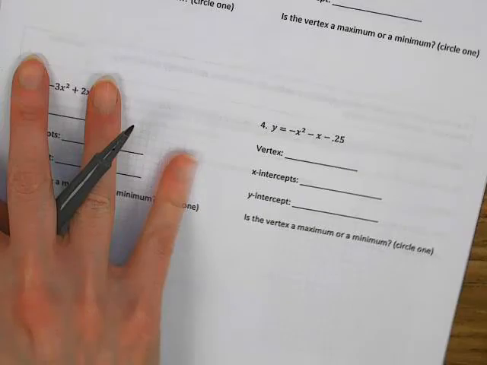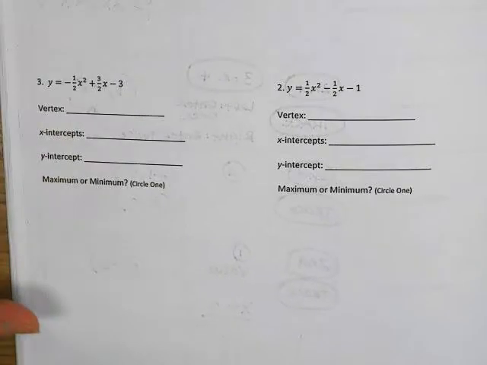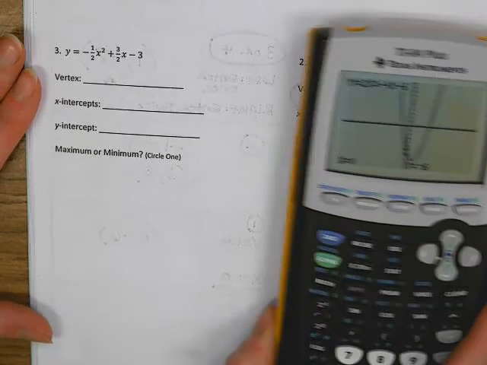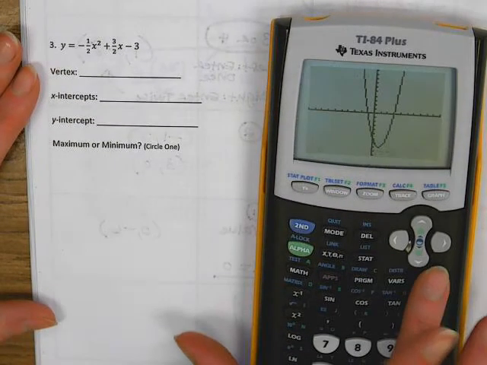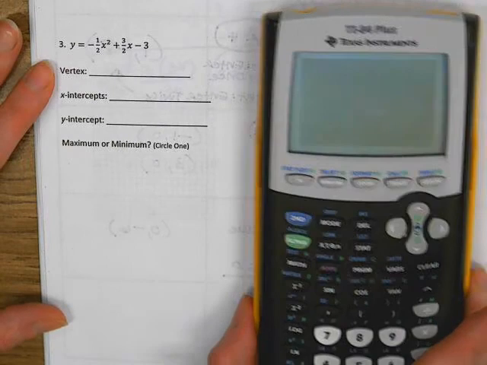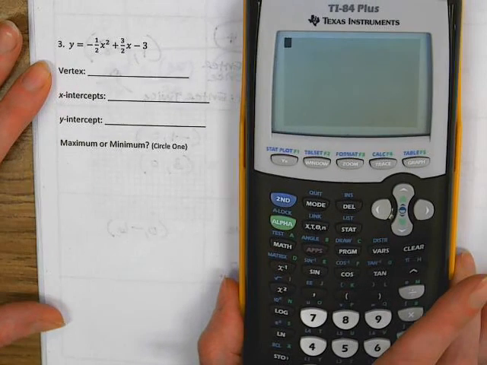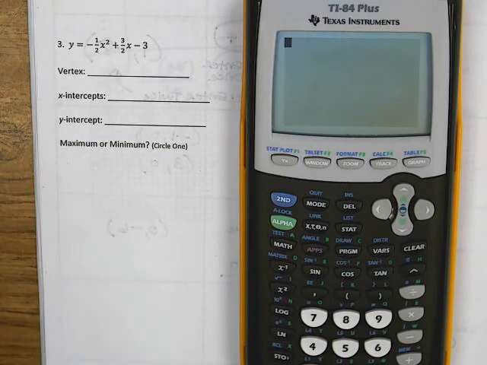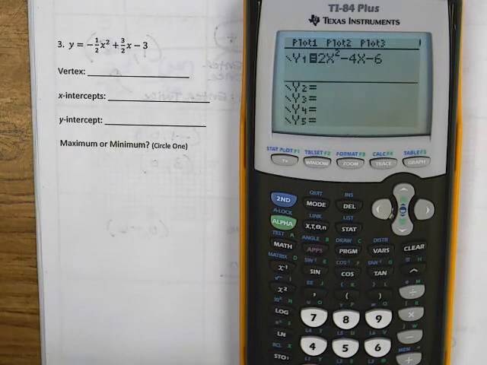All right, let's do one example where you actually have to use your calculator. So let's do number 3. I don't know, random. All right, so this is all you guys. I would pause it and try it. So start by typing it in.